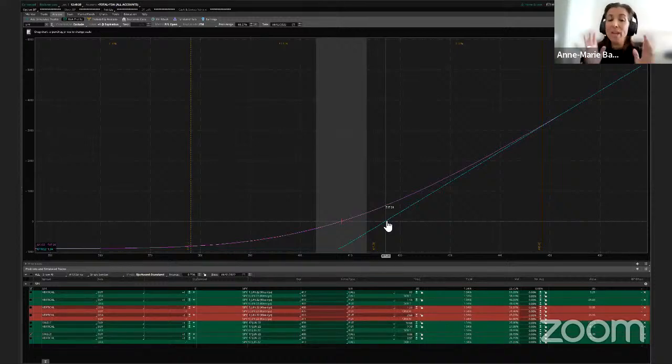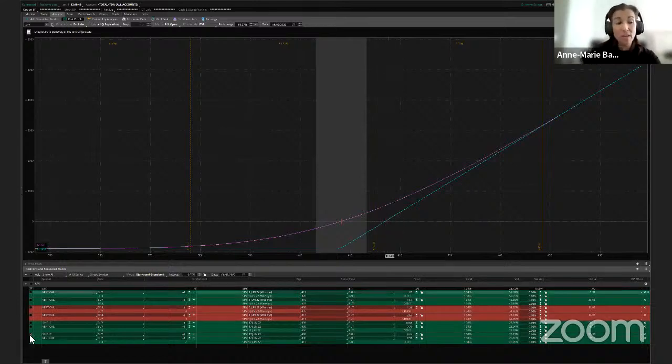Now, let's say you want exposure to that 408 strike, but you don't want to spend $900 and you want to make money a little bit sooner than it gets to 417. How do you do that? Welcome to the spread. And so as the spread moves up, you're going to see the opposite of the put lines. Remember, the put lines gave you something that looked like this.